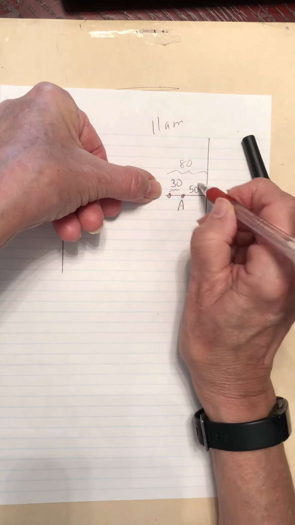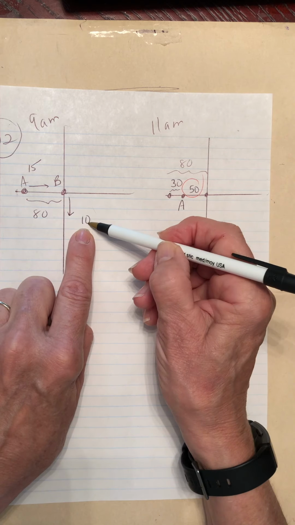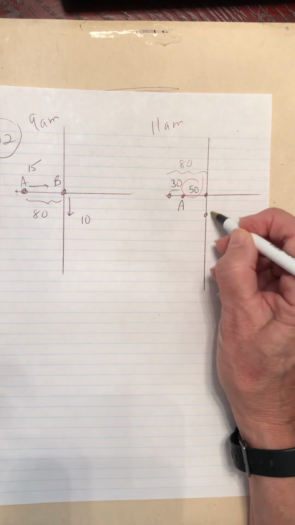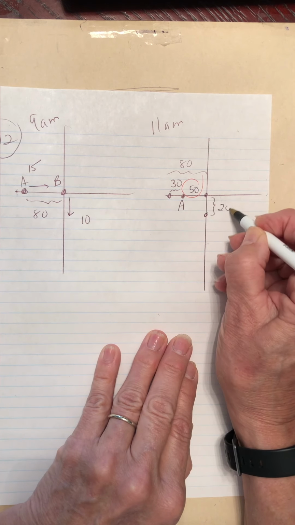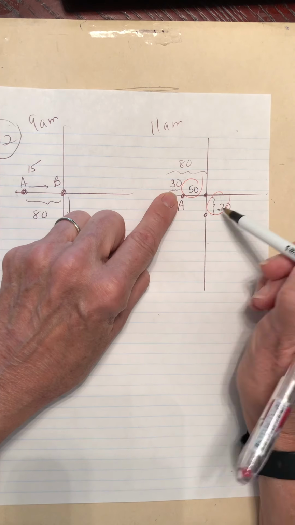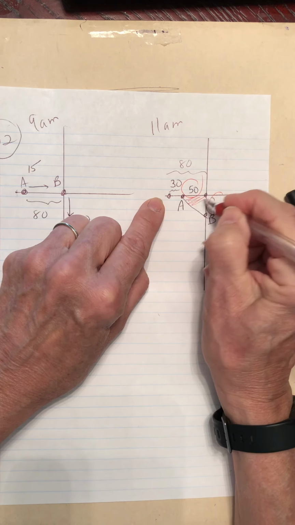So the 50 is now important. And B was tootling on at 10 kilometers an hour for 2 hours, so it's gone 20. I'm not drawing these in proportion. So this is now 20. So there's A, here's B, that's where they're at now, so here's my triangle.